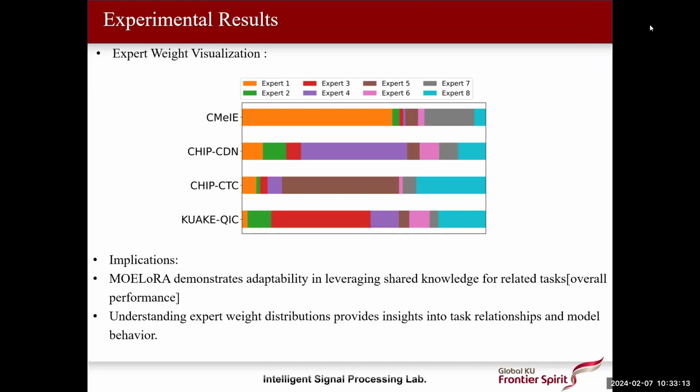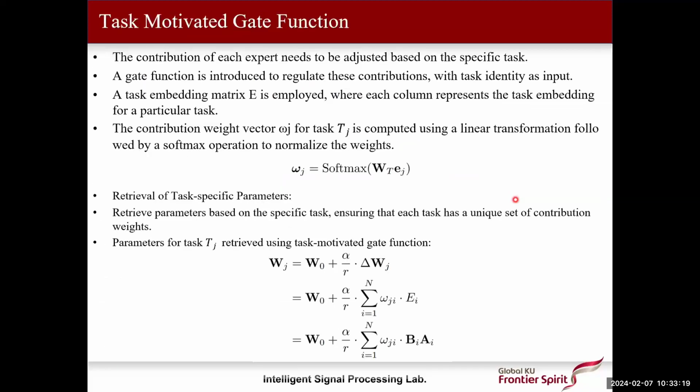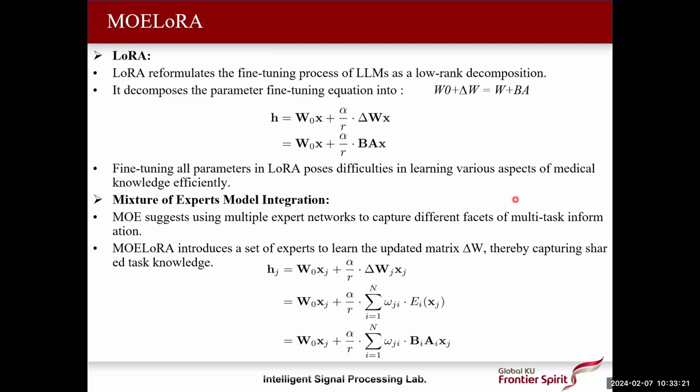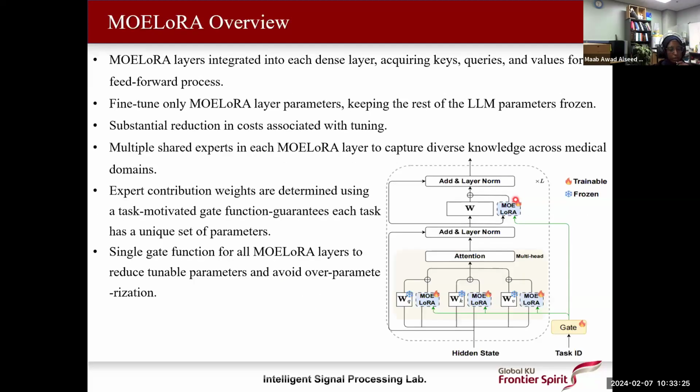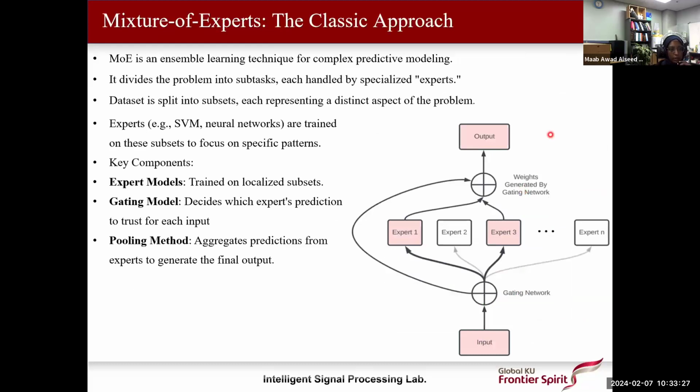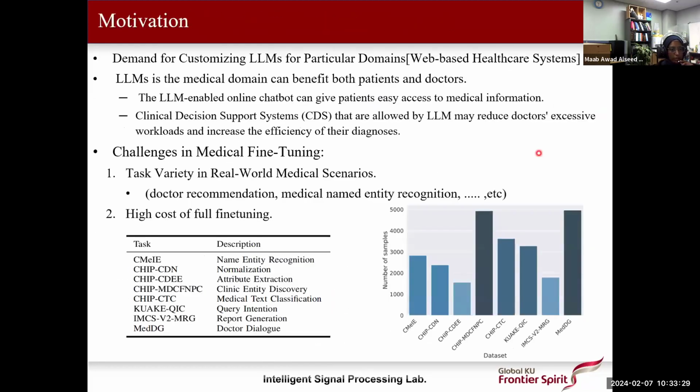Okay, so Maab, I didn't get it at the beginning, but what was the problem with just using LoRA without mixture of experts? LoRA without mixture of experts, because we have a different distribution for each task in the whole dataset.